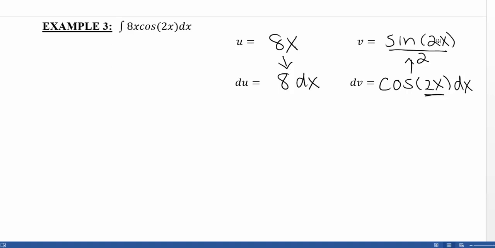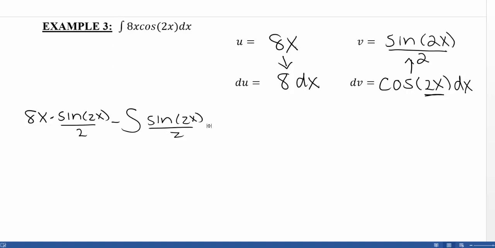Now, I want to apply my formula. So I'm going to do u times v. So I have 8x times sine of 2x divided by 2 minus the integral of v times du. So sine of 2x over 2 times 8 dx. I'm going to do a simplification step here. In the first term, I have an 8 and a divided by 2.